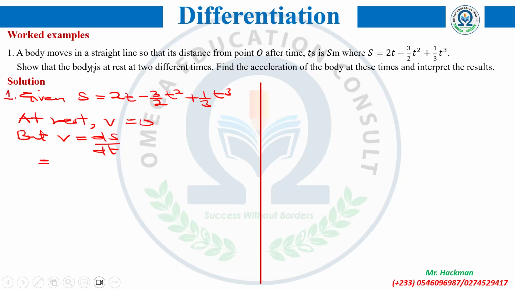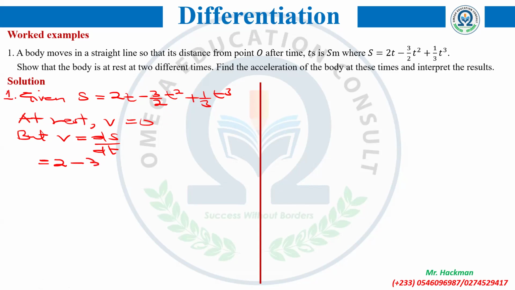If you differentiate your displacement function here, this is going to give us, this to the power 1, so we get 2. Let's do it together, the whole class. 2, minus, these 2 will come here. The whole class, I told you that this time around, I want you to contribute. The 2 will come down, these 2 will cancel, so I'll get minus 3t.